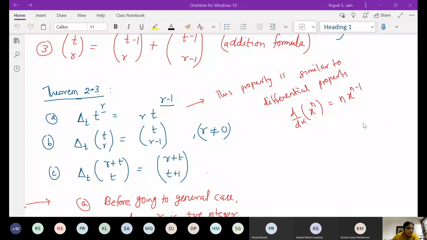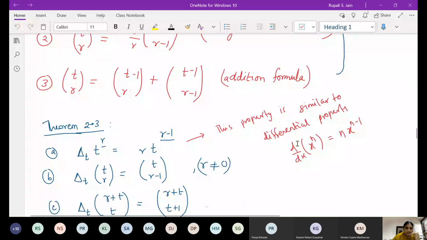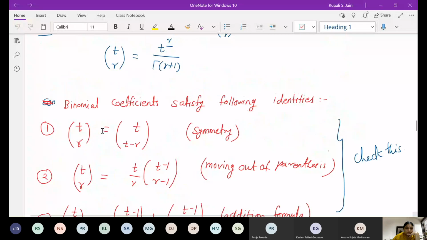So what about that identity? Yesterday I gave homework on identities. I told you to check this, just apply the formula of binomial coefficients.